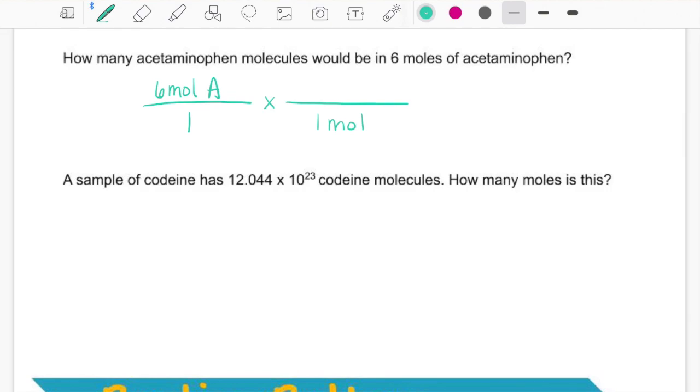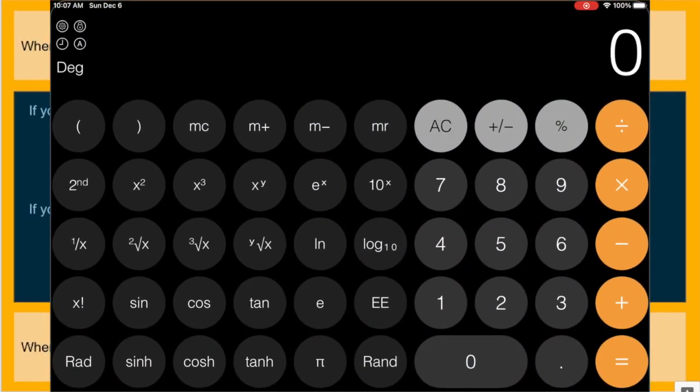And then our ratio is, again, looking back at the previous one, 6.022 times 10 to the 23rd, and that would be molecules of acetylmorphin. Okay, so then whenever I get my calculator out and calculate this, I would do 6 times my ratio, which is 6.022.